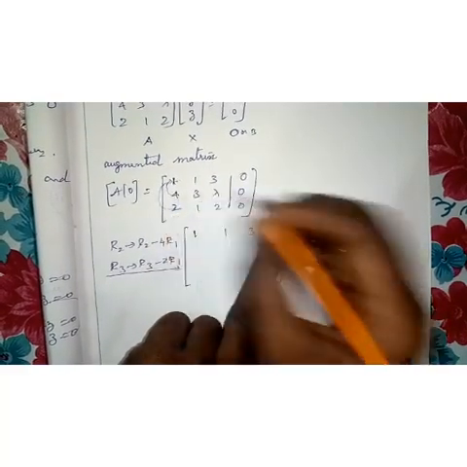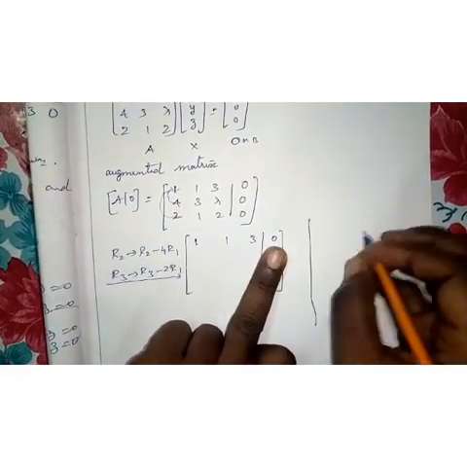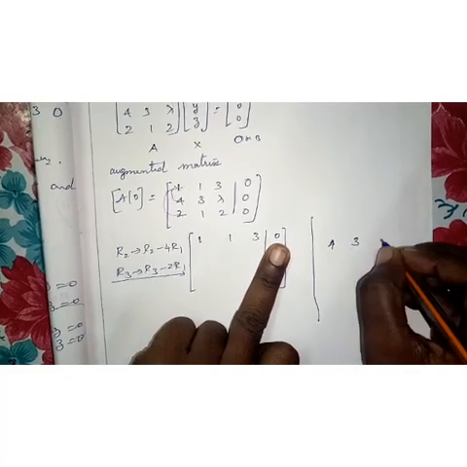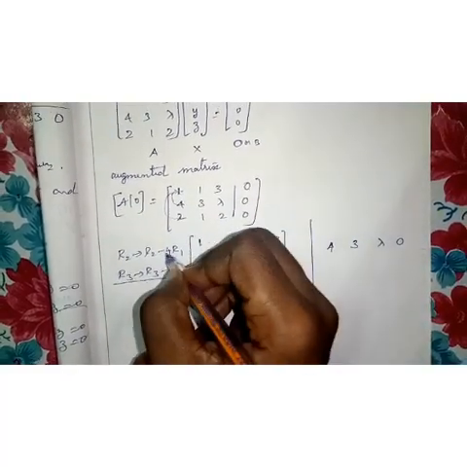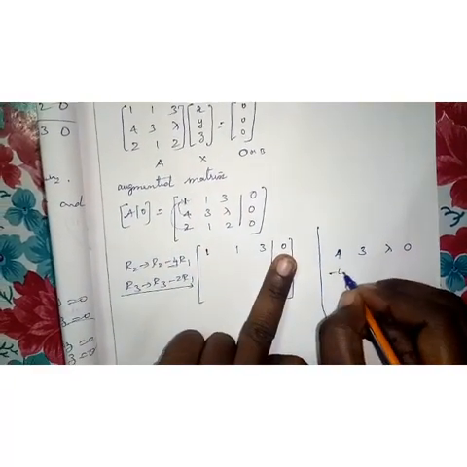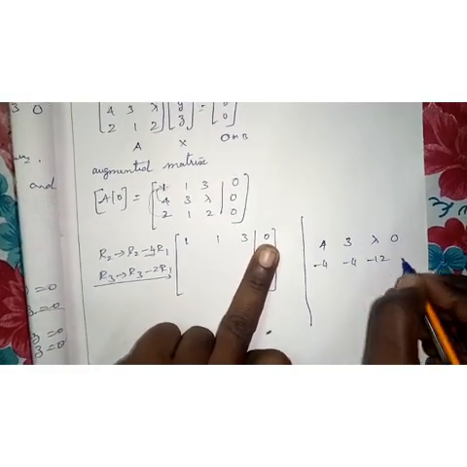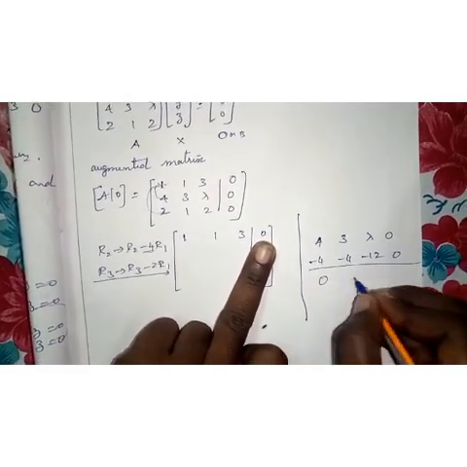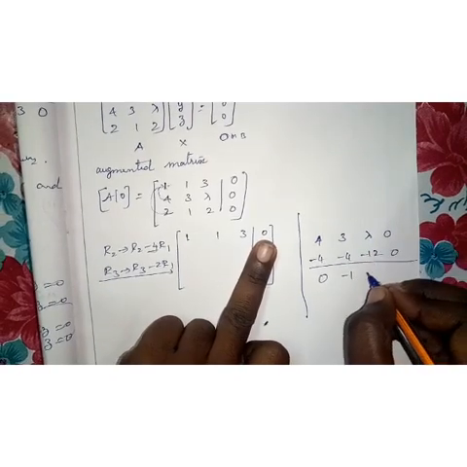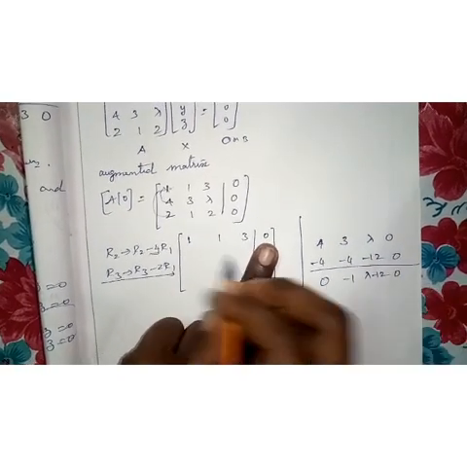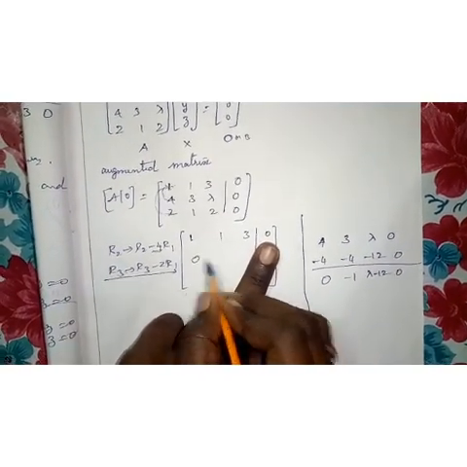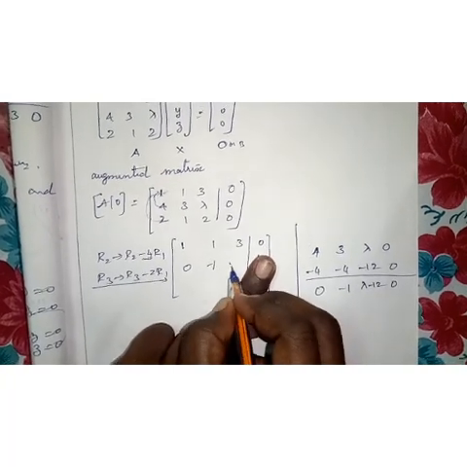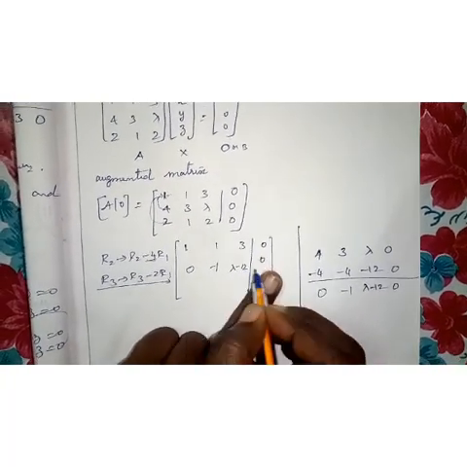Okay, now here 1 1 3 0. Then take the second row 4 3 lambda 0, and subtract 4 times the first row: 4 minus 4, 3 minus 4, lambda minus 12, 0. The answer is 0 minus 1 lambda minus 12 0.